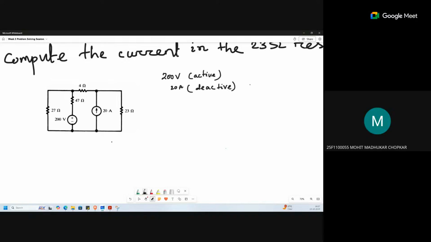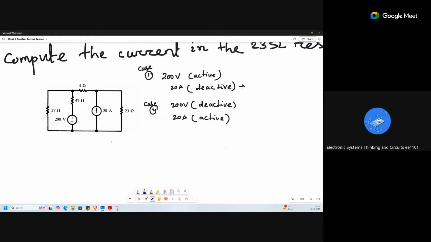If we consider the 20 ampere source, then we have to short circuit the voltage source. That is case one. Then case two, your 200 volt will be deactive and your 20 ampere is active. Then you have to find the current through the 23 ohm.